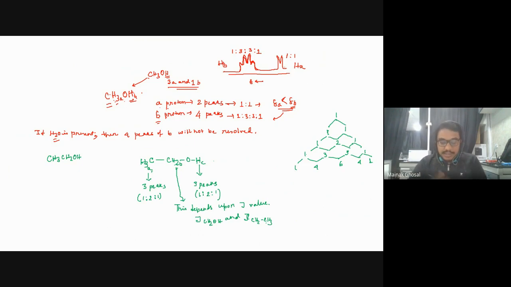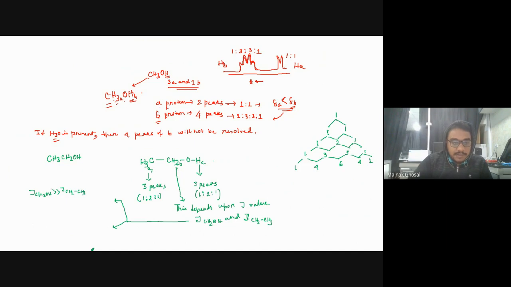So actually it is seen that two cases are possible. The first case, suppose J of CH2OH is much higher than J of CH2CH3.